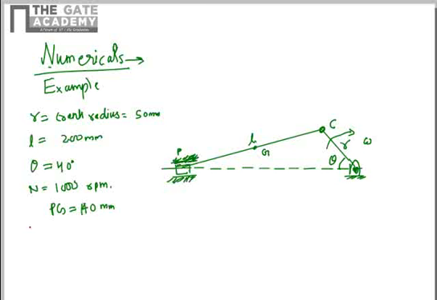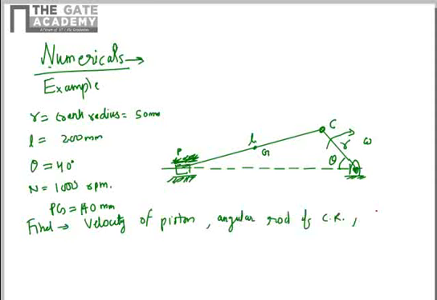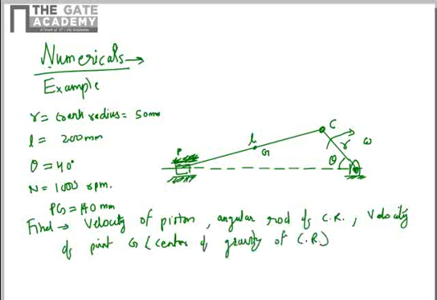Now the question is to find the velocity of piston, angular velocity of connecting rod, and the velocity and direction of velocity of point G, that is the center of gravity of connecting rod.